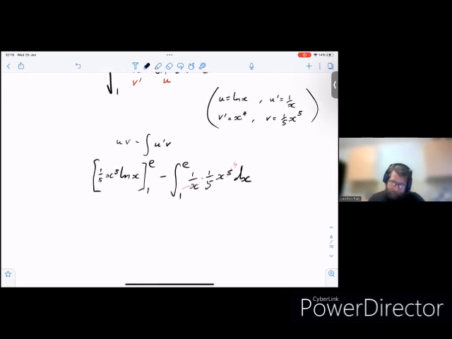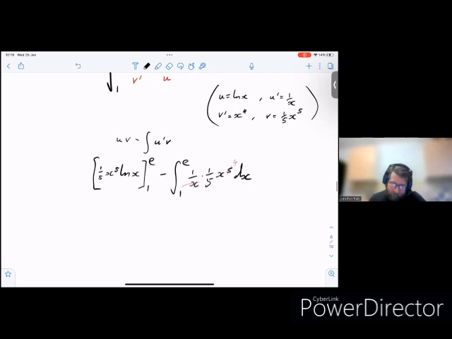So this will become, let's work out this first part. We can sub the limits in at the very end if we want, or we can sub it in two chunks like this. It's a matter of preference really. So this first bracket, if I sub e in there, we get a fifth e to the 5. And then log e is, so log is log base e, so e to the 1 is e, so it's 1. And we subtract, well, when we sub 1 in there, we get log 1, so that just becomes 0.